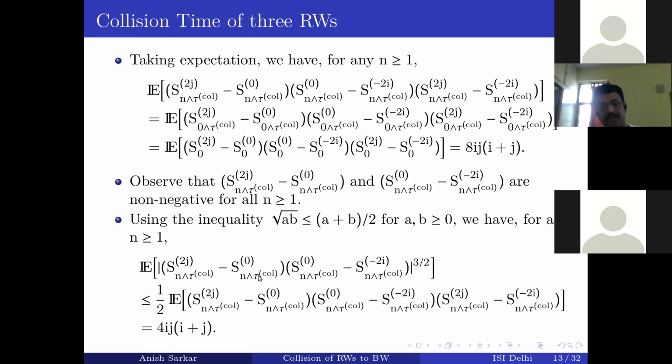The sum, these two cancel, so you get tau collision 2j minus s n tau 2j. So this is exactly that sum, right? And I get a half. This is (a plus b) by 2. And this expectation I know for sure is equal to 8ij, so half of that, 4ij into (i plus j).